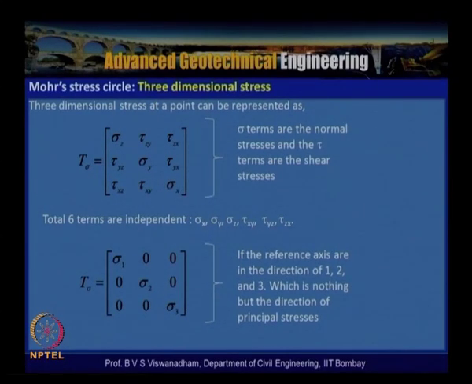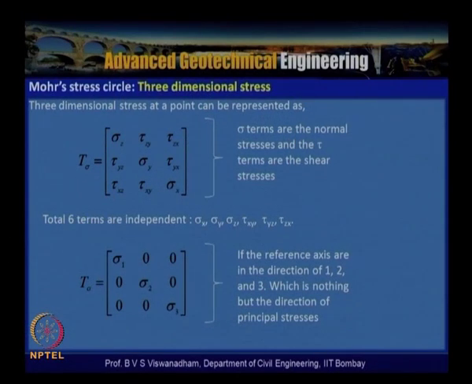And if the reference axes are in the directions 1, 2, 3, which is nothing but the direction of the principal stresses, then in geotechnics, if you have a cylindrical or, let us say, a cubical sample, with the major stress in the vertical direction, sigma 1 is called the major principal stress, sigma 2 the intermediate principal stress, and sigma 3 the minor principal stress.